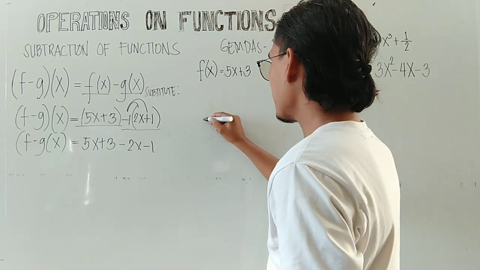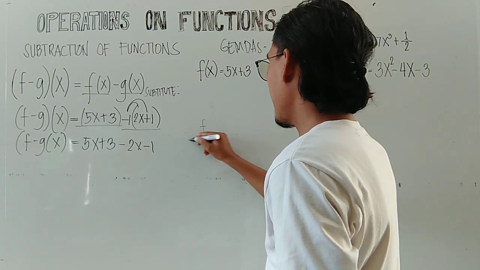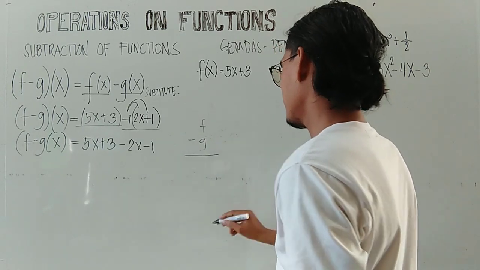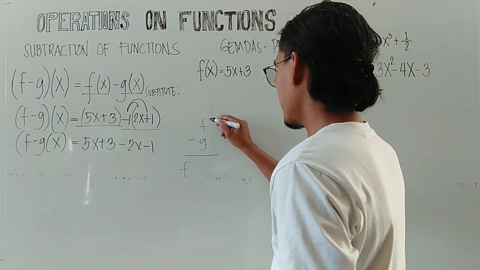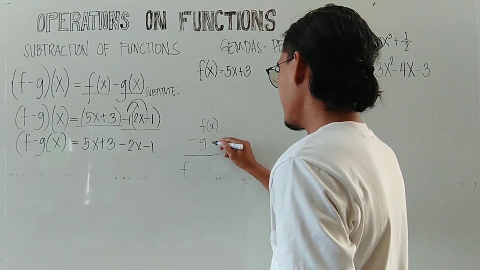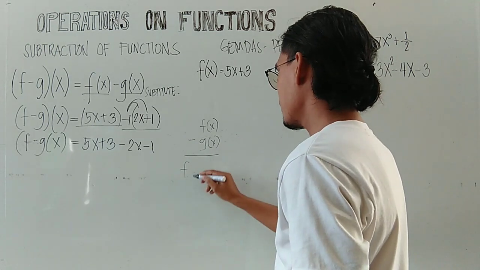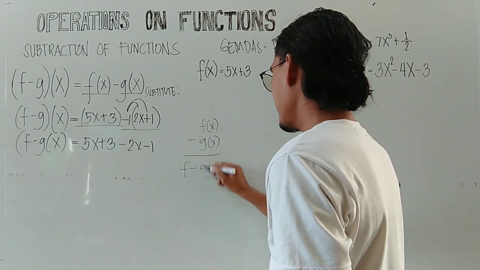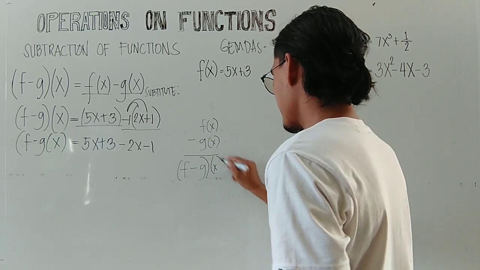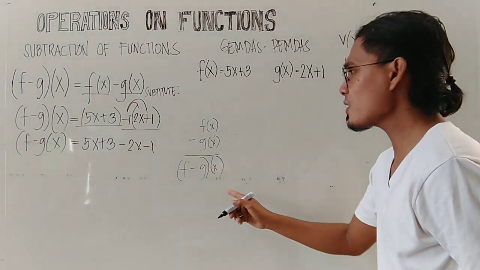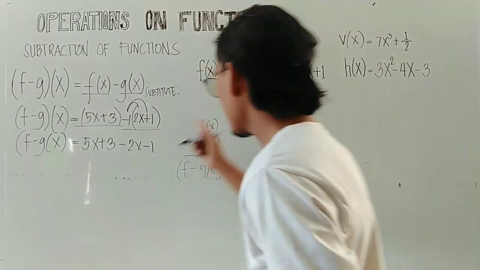So vertical form na to, f minus g is equals to f of x minus g of x is equals to f minus g of x. So, vertical siya, guys. So, pares na nagla, ari horizontal, ari vertical.